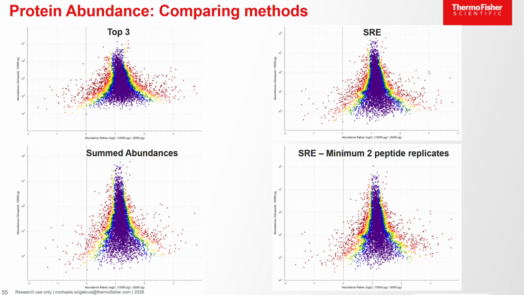So in addition to looking at histograms, you can also look at this abundance ratio versus abundance plots, and you see strange things perhaps happening in the top three method, where there is a clear bias towards high abundant proteins.